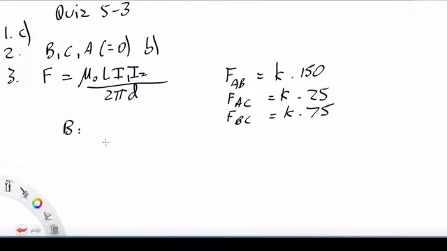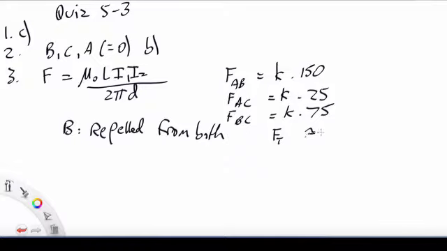So looking at wire B, it is repelled from both, so those forces have to subtract. So the total force is proportional to K times 150 minus 75.